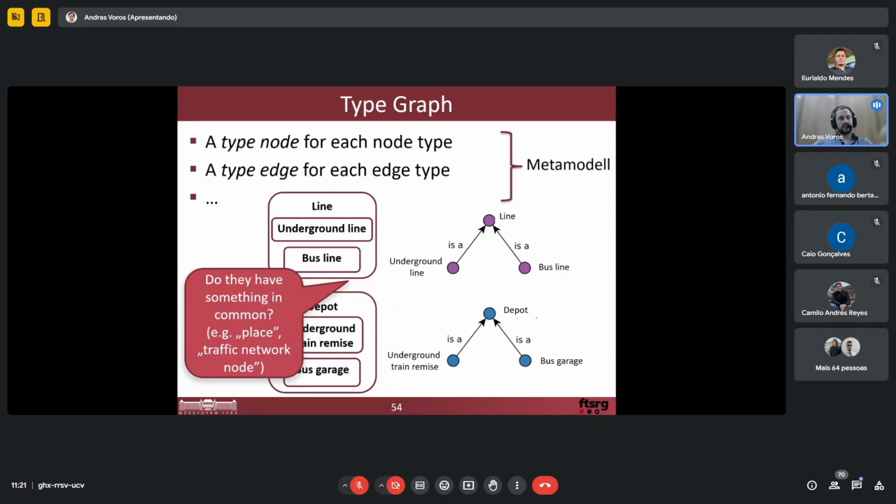So on the left side, you can see that in the set of lines there is a subset of underground lines and bus lines. And we will use this kind of information. So we defined sets and subsets in the model. And we will use these sets to give type information for the elements of my model. And how can I do that?